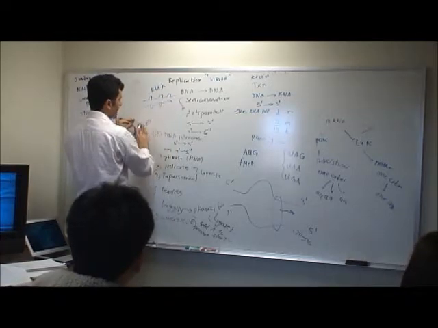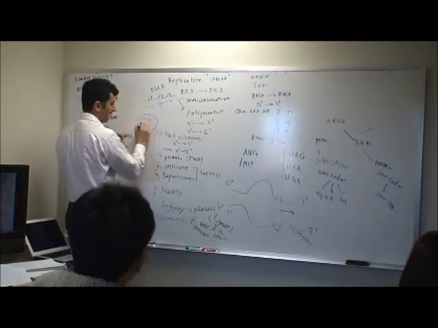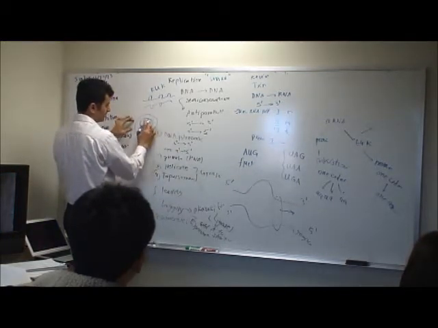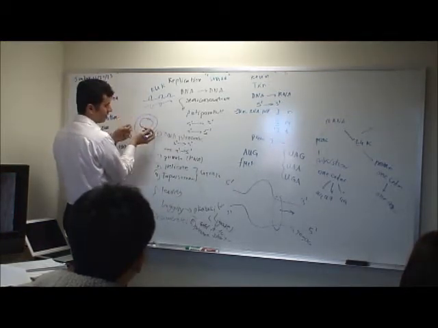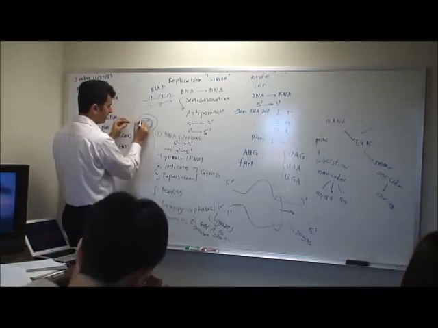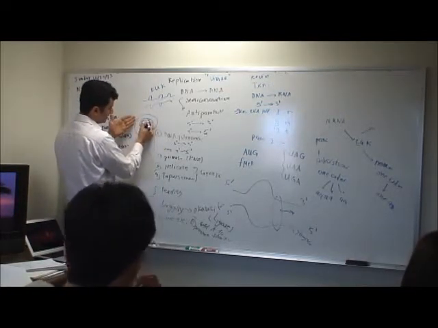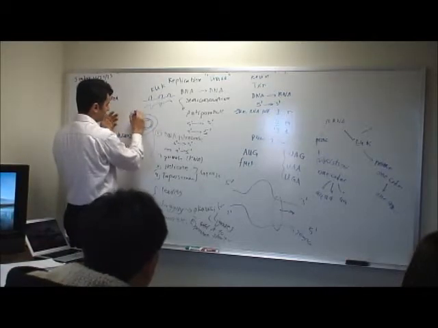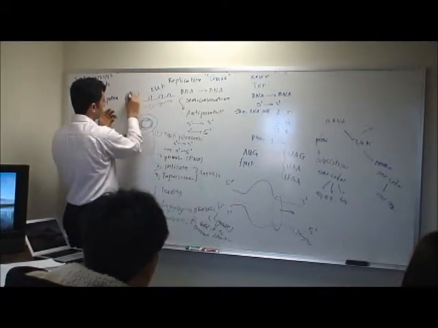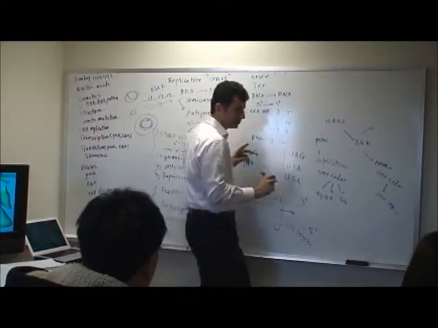But in prokaryotes, the DNA is a plasmid. This is a cell, this is the plasmid, and it peels off and you make a copy inside the cell. That's called only one origin of replication. It looks like a theta structure: you start peeling it off and then make one inside. That's replication.